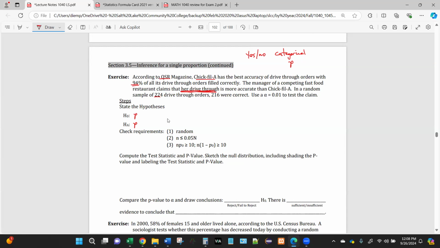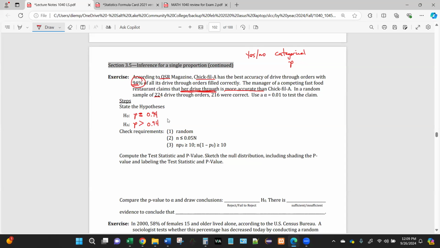So P is the proportion of all of the orders at this restaurant that are accurate. Okay. So we have H0, HA, we have P. We know that's going to be equals. And then how about the rest of it? Well, 94% is sort of that target, right? So we know this is going to be 94%. That's going to be 94%. So we've got 3 out of the 4 points here. Then she's saying it's more accurate.